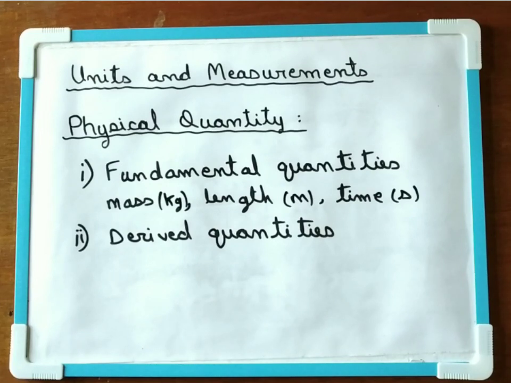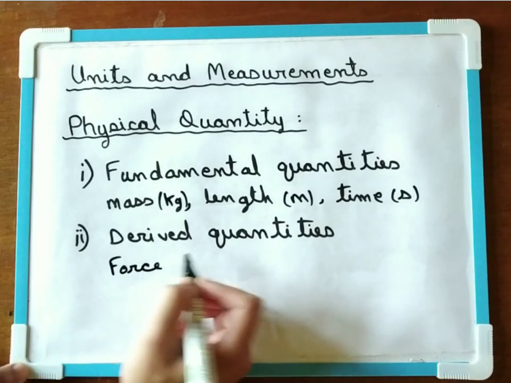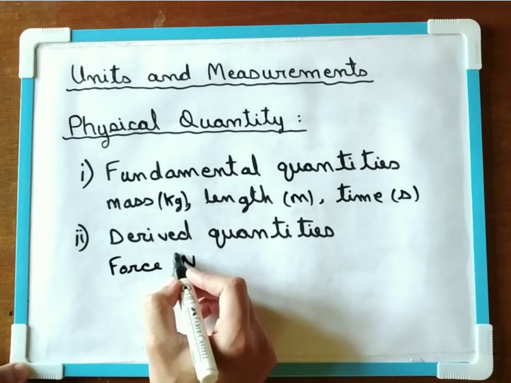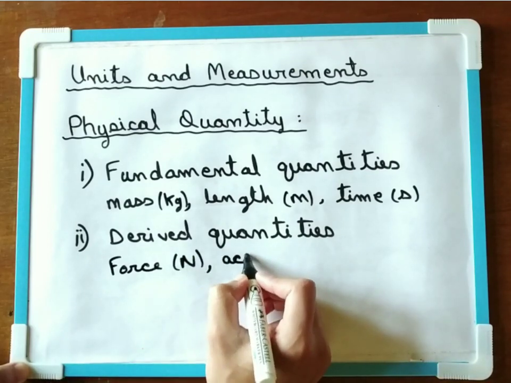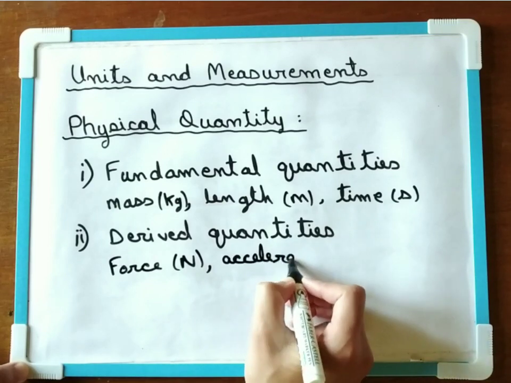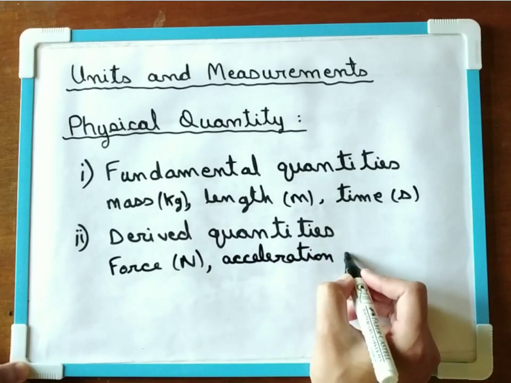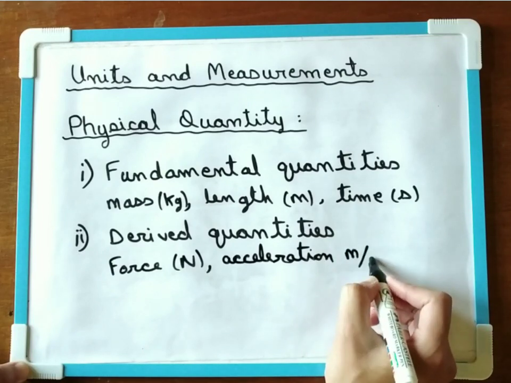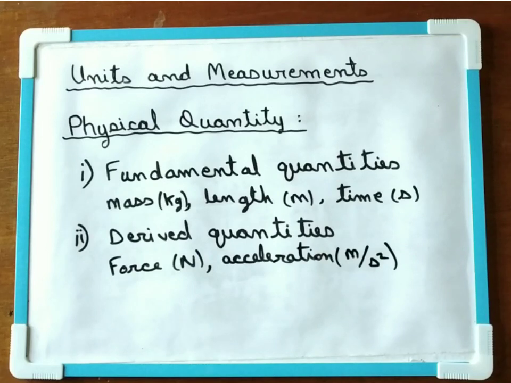And the unit of the derived quantities, for example, force has unit of Newton. Then the acceleration has unit of meter per second square. So the unit of force, acceleration, these are known as derived units.